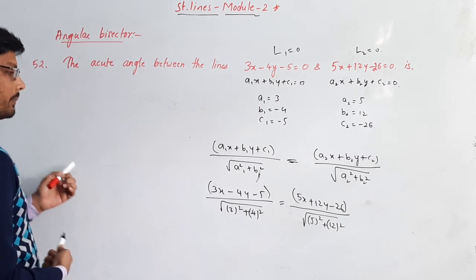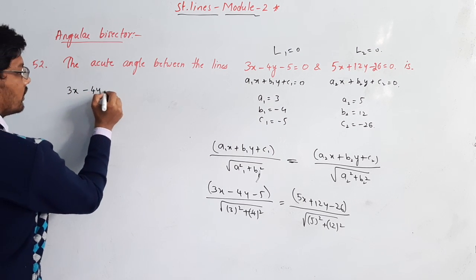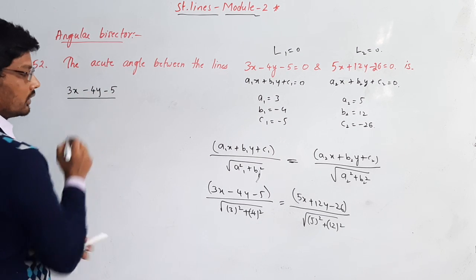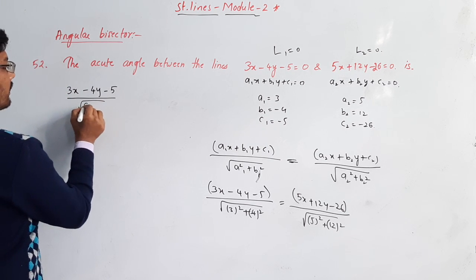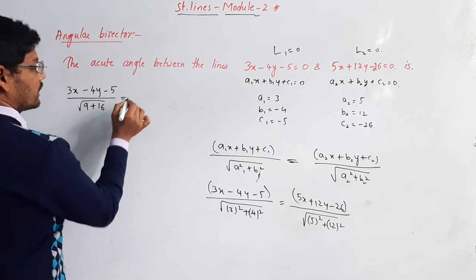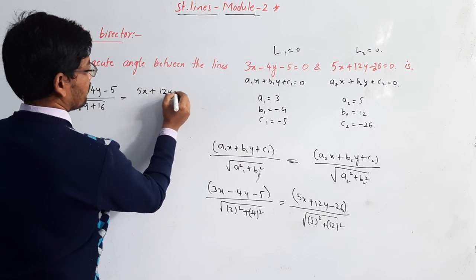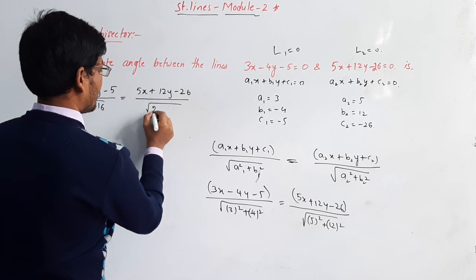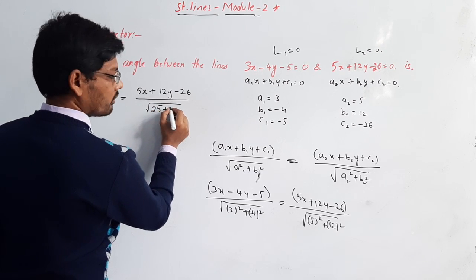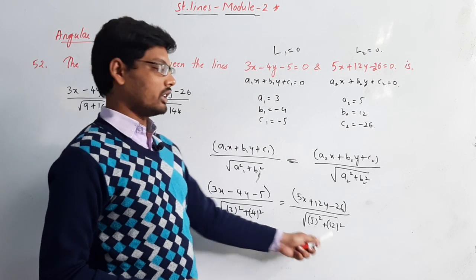So square root of 9 plus 16 is equal to 5x plus 12y minus 26 divided by square root of 25 plus 144. 5 square is 25 and 12 square is 144.